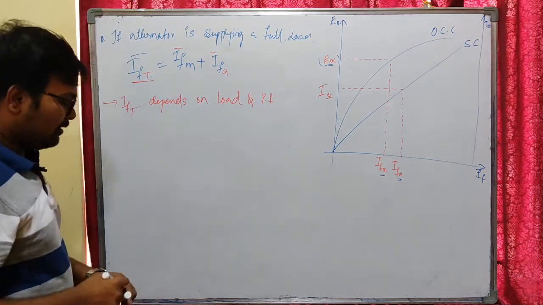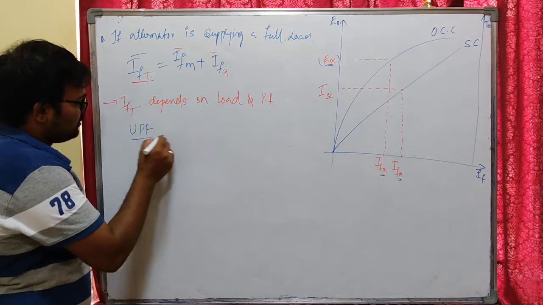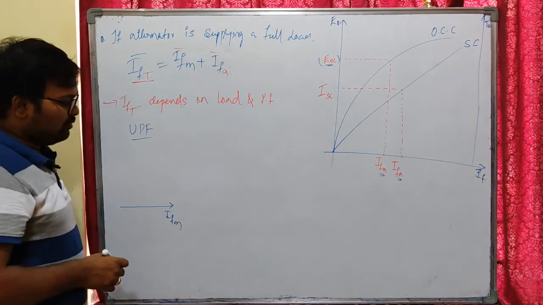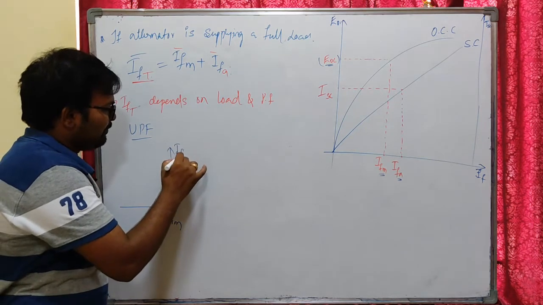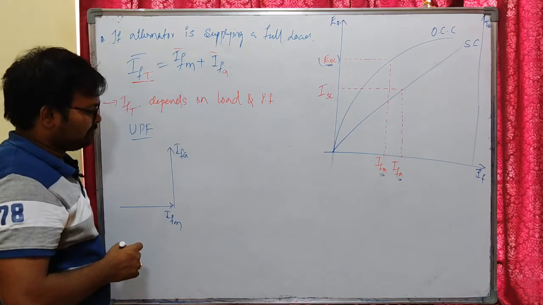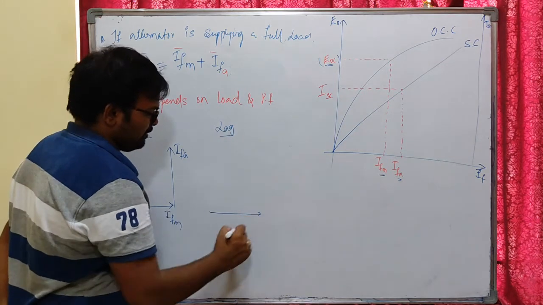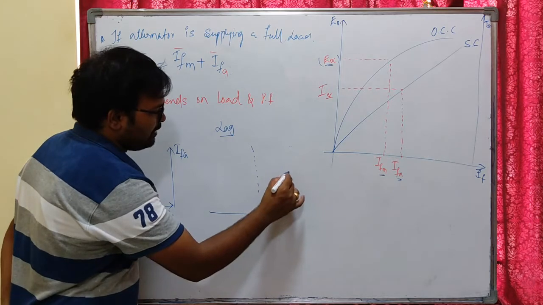Let us consider a unity power factor. This is IFM to produce rated voltage under open circuit condition, and this will be our IFA. For lagging power factor, this will be IFM and this will be IFA.